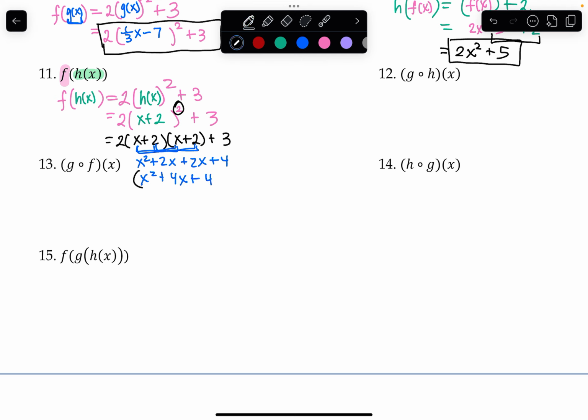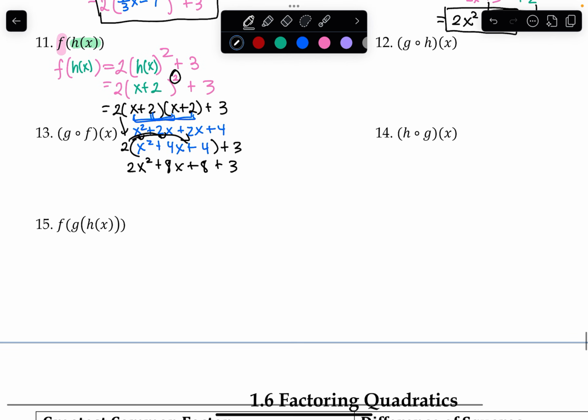Put that expression back in parentheses because we still have that 2 to distribute, and then we have a plus 3. So distribute the 2, multiplication comes next in PEMDAS, 2x squared plus 8x plus 8, and then add 3. And then lastly, we can combine these like terms, 2x squared plus 8x plus 3.